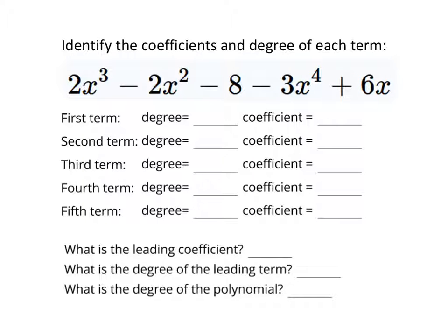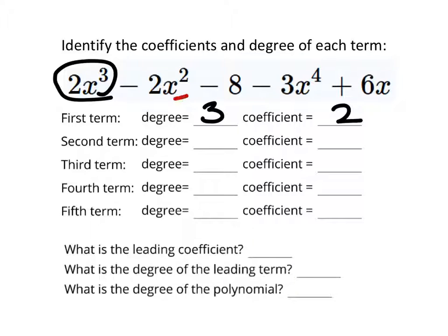So like this first term, 2x cubed. The degree, now this only has one variable, x, and its power is 3, so it's a degree of 3, that term. And the number it's being multiplied by, the x cubed, is 2.